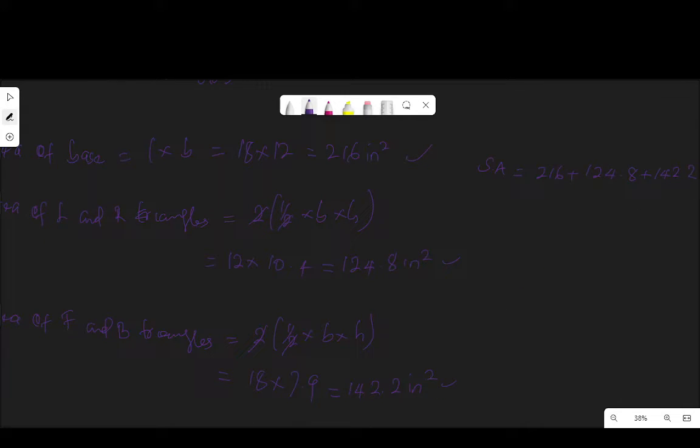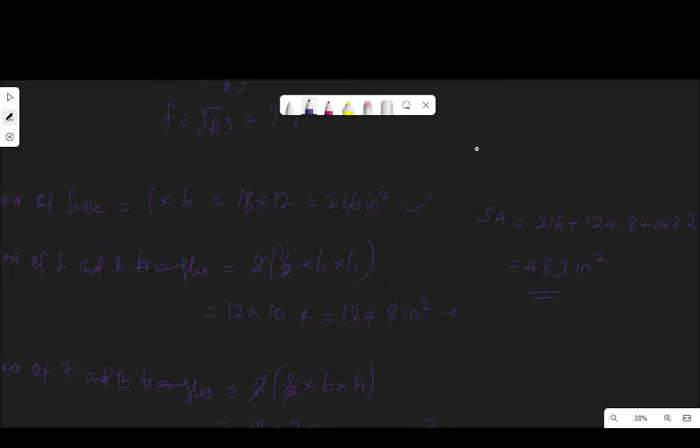Let's plug all of that into calculator. 142.2 plus 124.8 plus 216. That is 483. So the surface area of this pyramid is 483 inches square. That is that. Let's do the other questions.